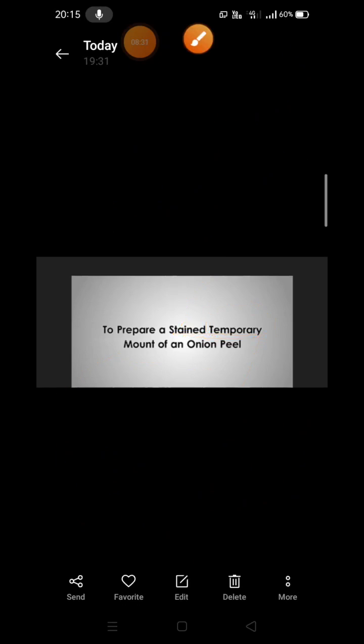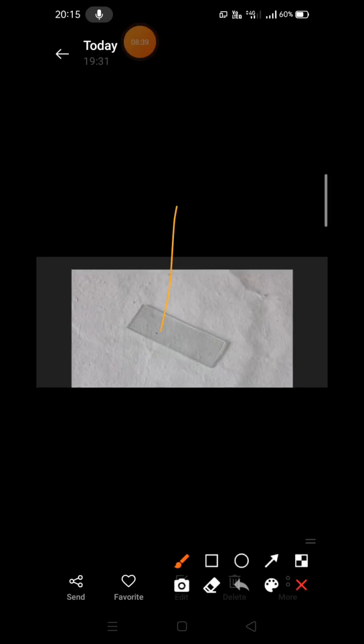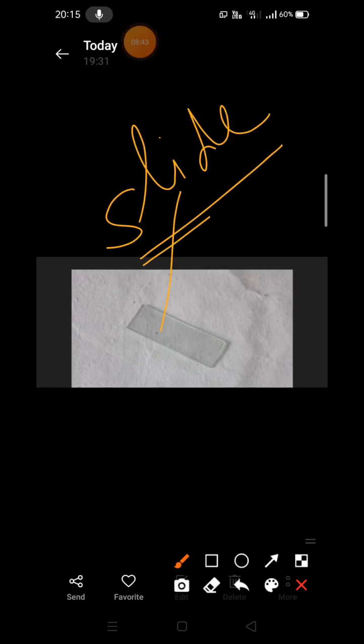So what are the materials required for preparing this slide? Materials required are, this is a slide. It is made of glass and it is known as a slide. You can easily identify it. It is a rectangular shaped transparent glass object, and the name of it is slide.